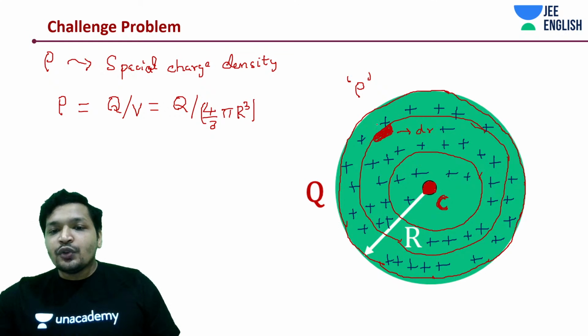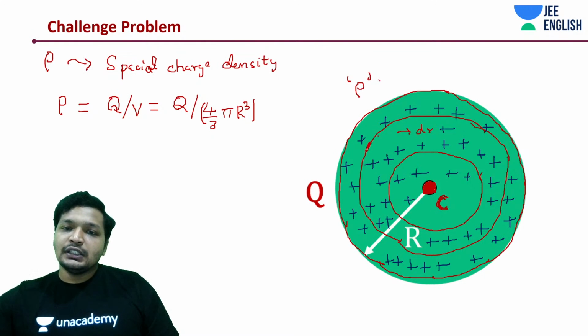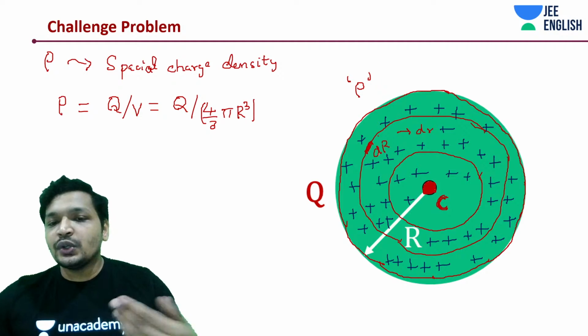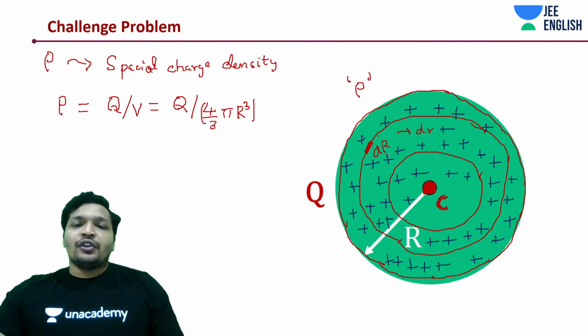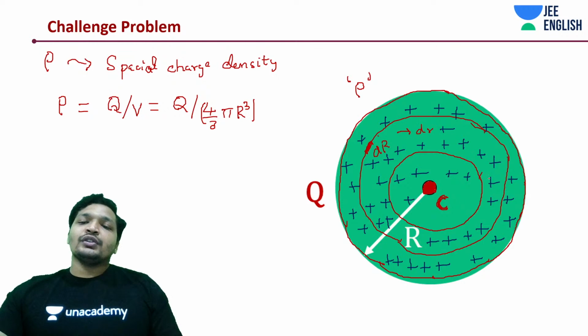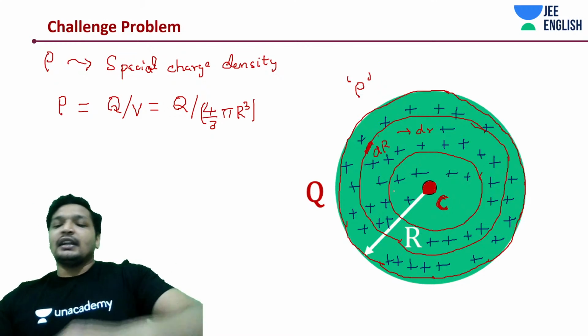If it's a uniform charge distribution, all you need to do is simply take up a rho for each element dr. That means this dr would have rho into dr in it. But of course it's not going to be rho into dr. We need to calculate rho for spatial charge density, we'll understand.